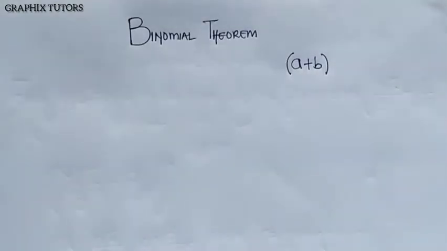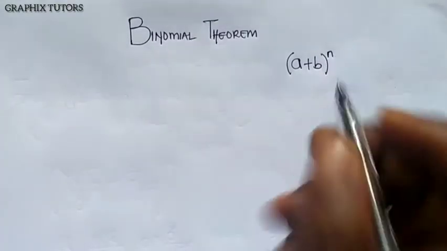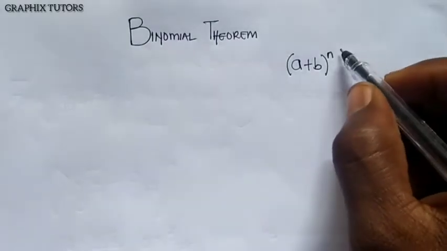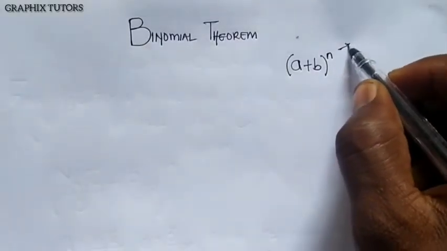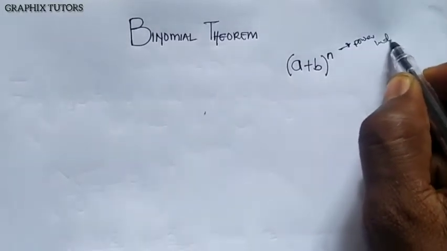One of the ways you can expand a term like this, to the power of any value, let's say n, is using the binomial theorem. This n is called the power, or we'll call it the index.